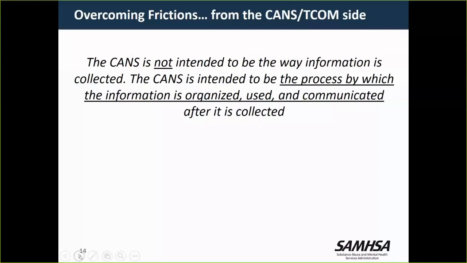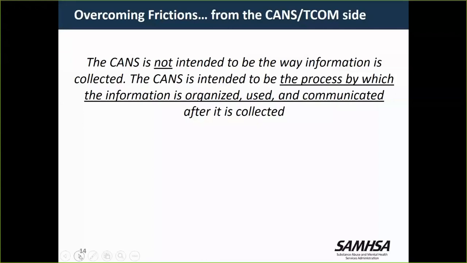So it's not designed to be an assessment, and it's not designed to compete with your culture and discovery processes. It's designed so that, after you've done your standard of care in terms of how you understand families and their story, you complete this as a way of organizing the story and communicating it outside of the child and family team, so you can inform the system about the best interests of the children and families that you're working with.